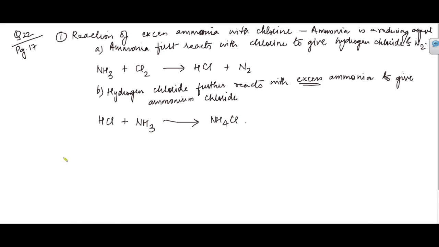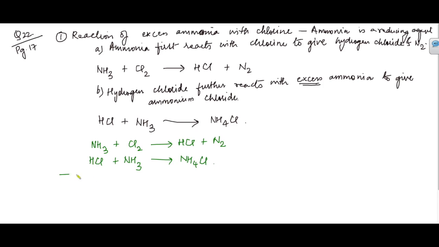Like I said previously, after writing down the equations, you will write them one below the other. Step 1 was NH3 plus Cl2 giving HCl plus N2. The second reaction was hydrogen chloride plus ammonia giving ammonium chloride.